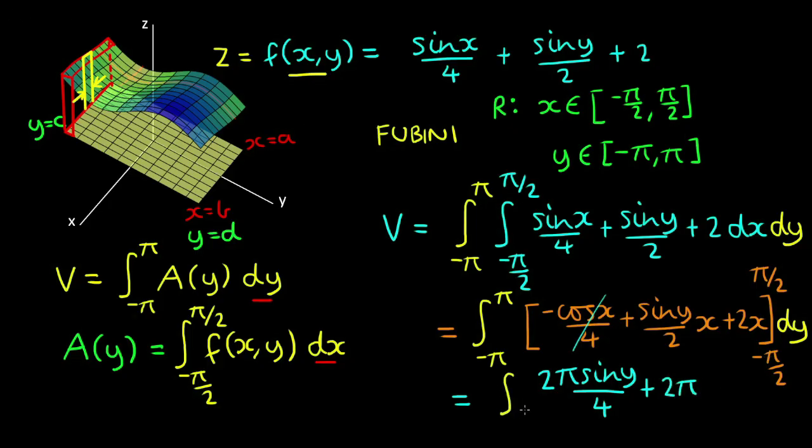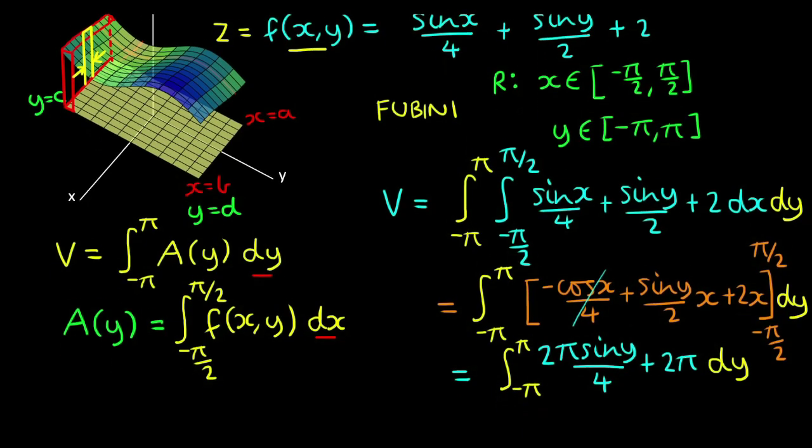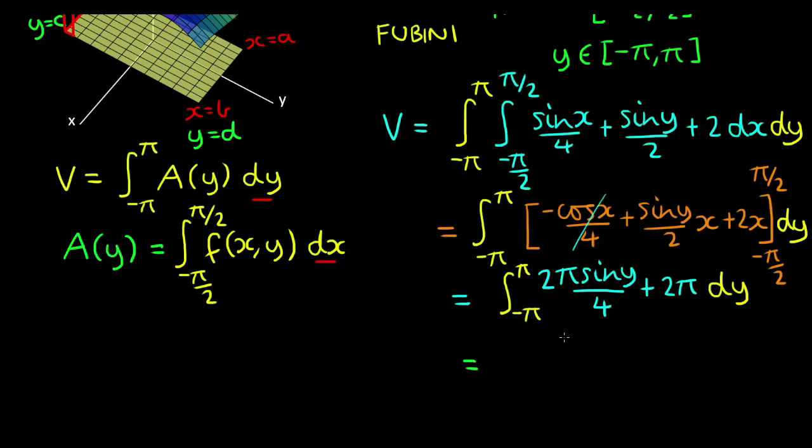And then we integrate this result with respect to y. So what we get is minus pi by cosine y on 2 plus 2 pi y, evaluated from y equals minus pi to y equals pi.